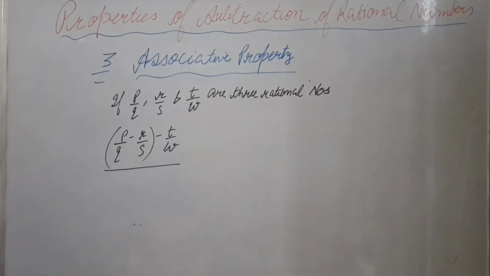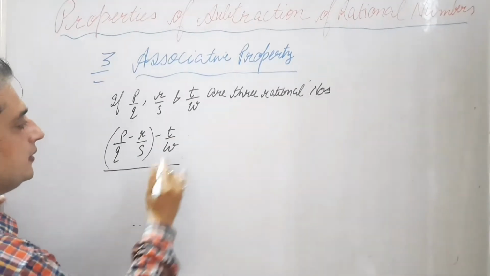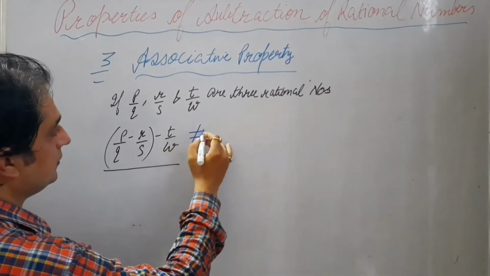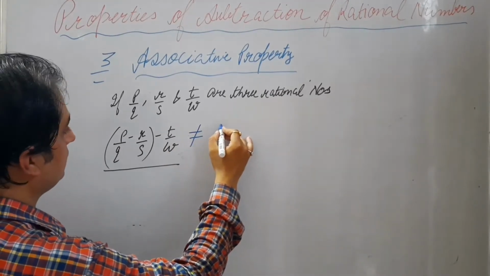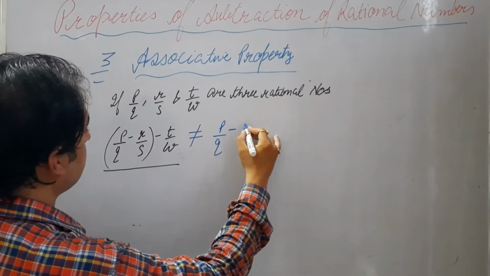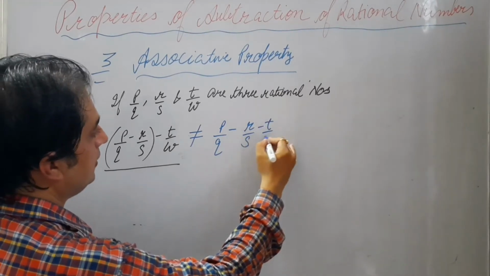as in the case of the commutative property, you will see the order of two rational numbers cannot be changed. Similarly, in the associative property, if I write the subtraction like p by q minus, in brackets, r by s minus t by w.